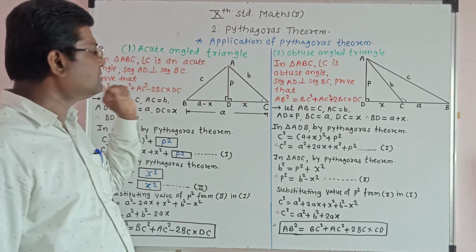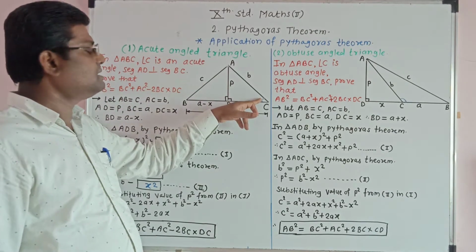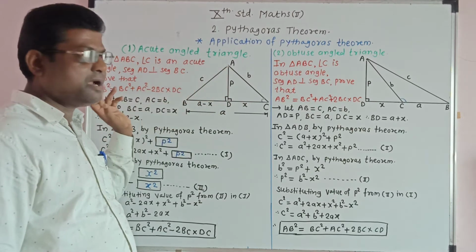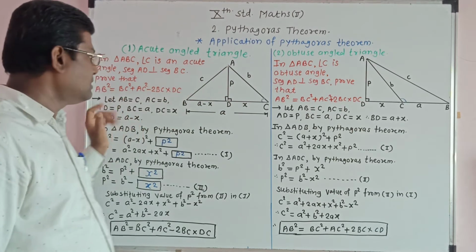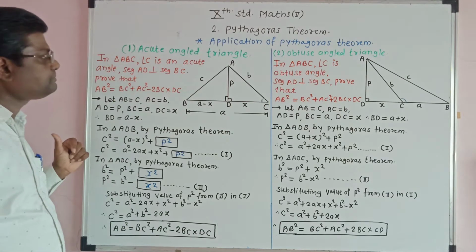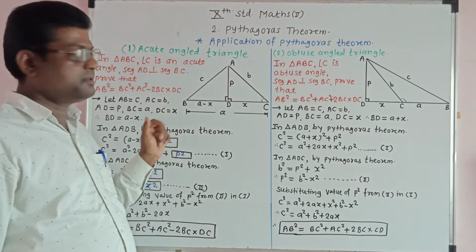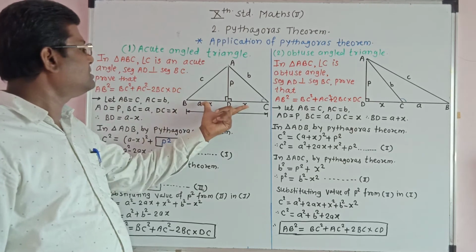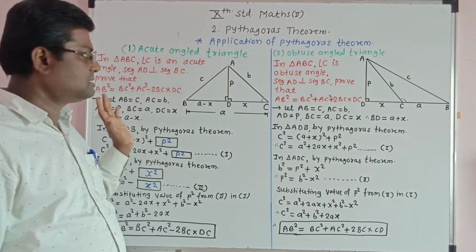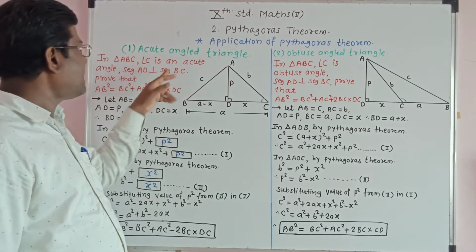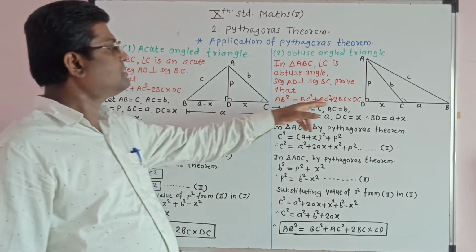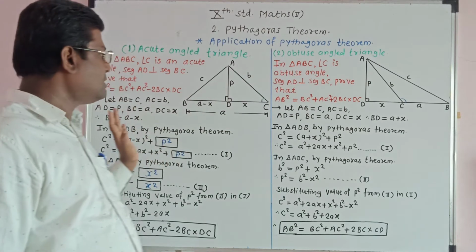How to remember this? Suppose this is acute angle, then take square of side opposite to that angle, that is AB square. Then take sum of squares of other two sides, that is BC square plus AC square. Then take minus sign for acute angled triangle and plus sign for obtuse angled triangle.